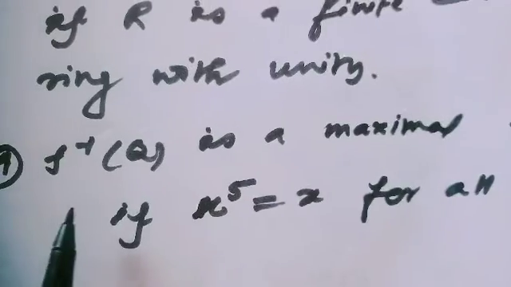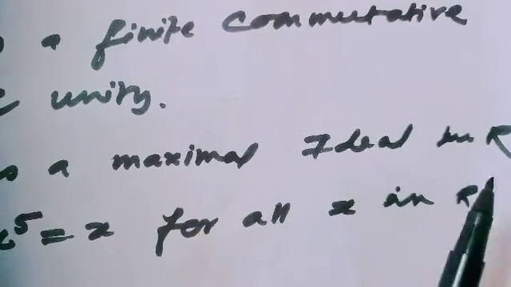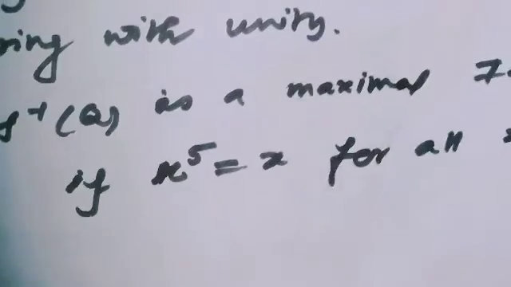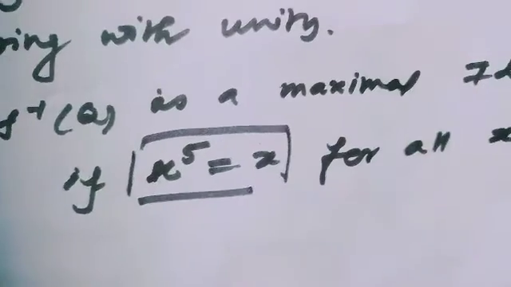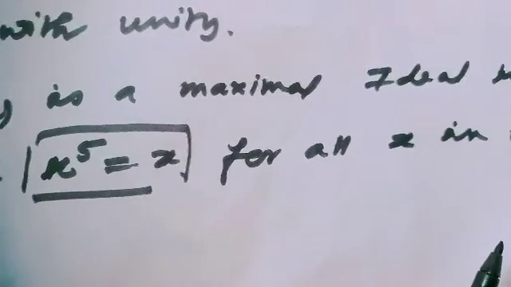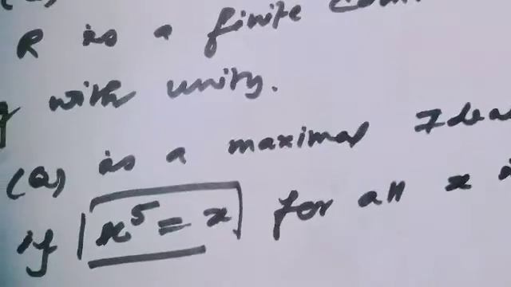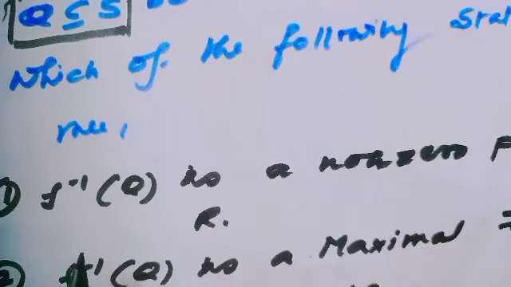And option 4: f inverse of Q is a maximal ideal in R if x to the power 5 equals x for all x in the ring R. Okay? Let us first see the first option.